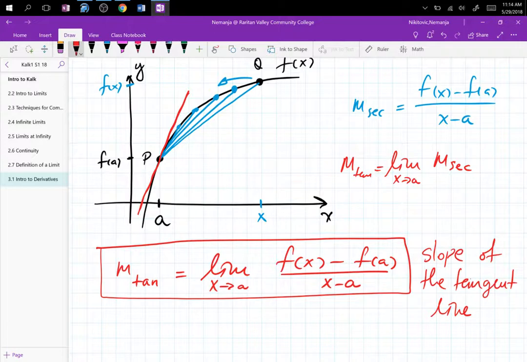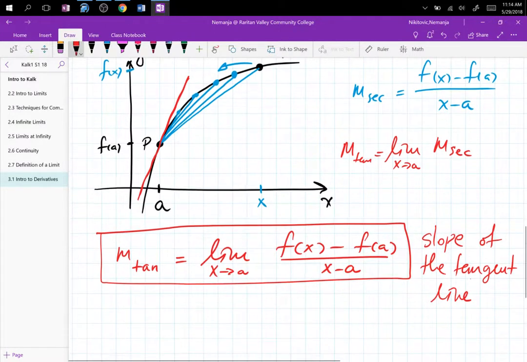So now that I have the slope of the tangent line, I can work out some magic here, because I want to create an easy calculation for myself.